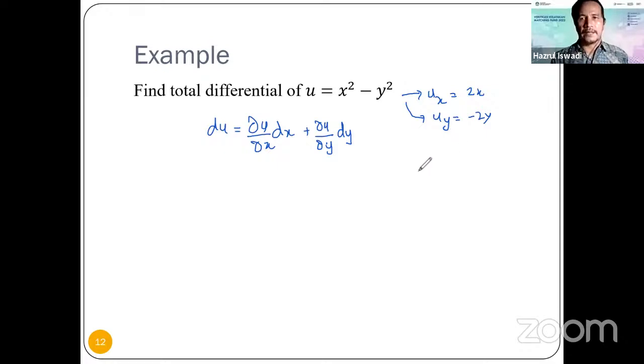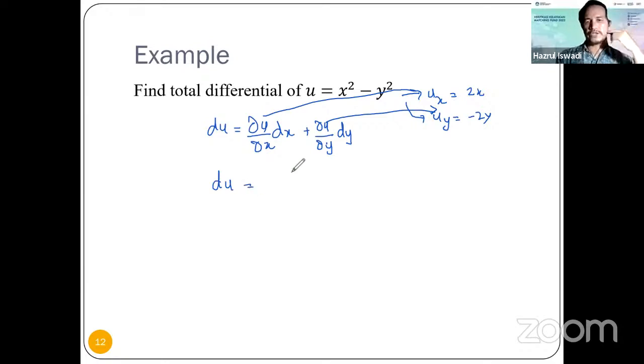After you find the partial derivatives, we can have the solution. This is 2x dx plus minus 2y dy.